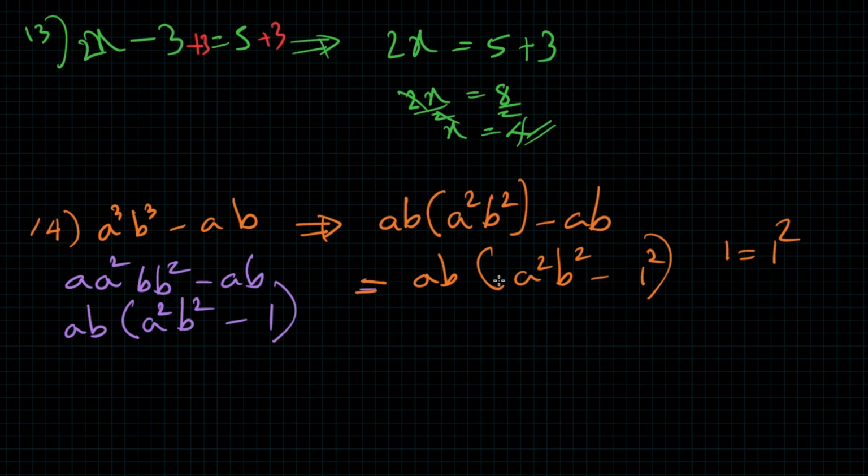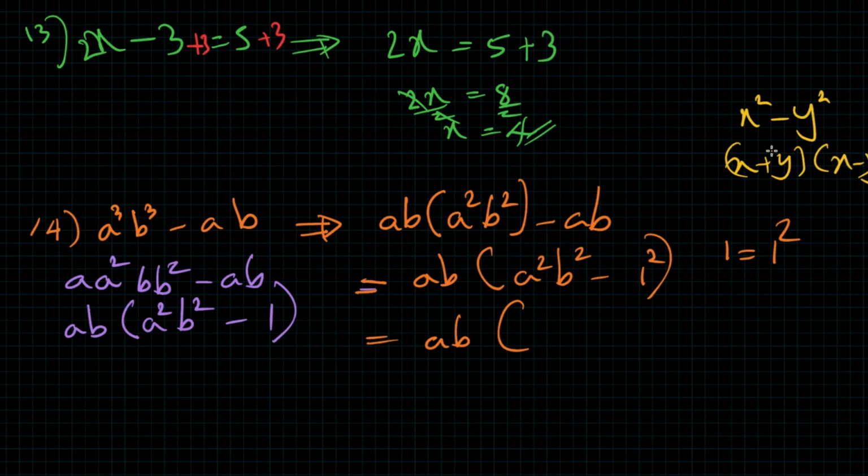Therefore, I'm going to write it here. Now you see here (ab) squared minus 1 squared. Now you should remember how we can factorize this one. If we have two terms like these, this is similar to x squared minus y squared. We can write it as (x plus y)(x minus y).